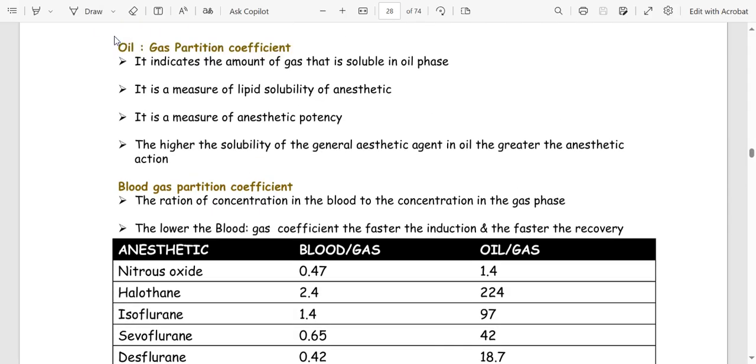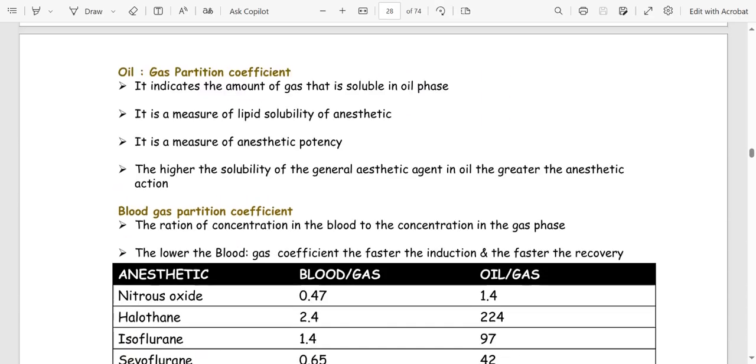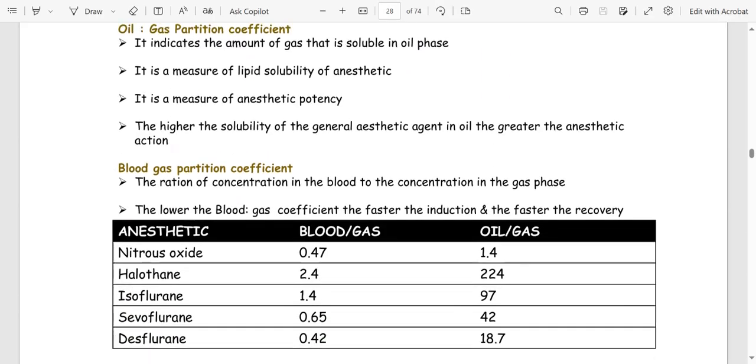Remember, the partitioning coefficient is basically the solubility. So the oil gas partitioning coefficient just indicates the amount of gas that is soluble in the oil phase.